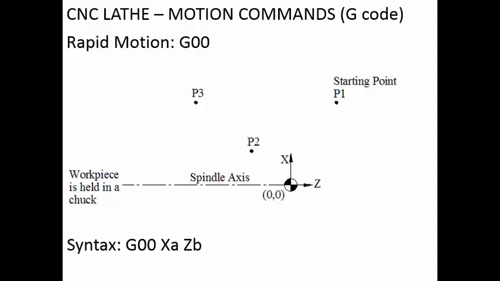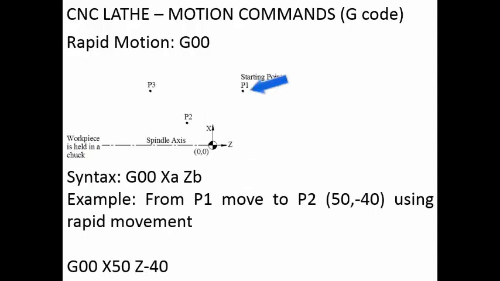Now for example, say you are at P1 and you want to move to P2, where the coordinates are X is 50 and Z is minus 40, and you have to move using the rapid motion. Then you will write the command as G00, that is a rapid motion, X50 Z minus 40. So already you are at point P1.